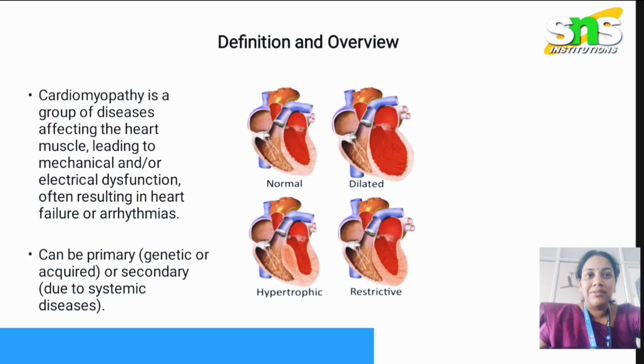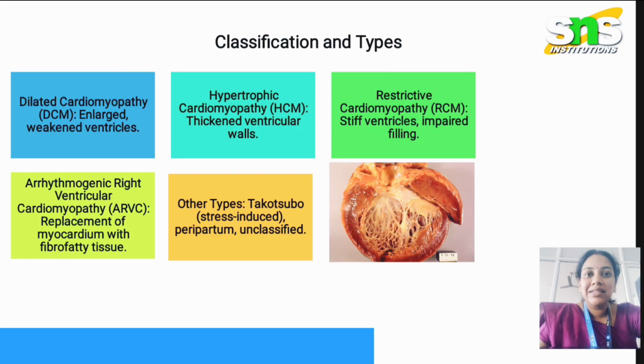It is very difficult. So what are the various classifications that we have seen on the image already? It is dilated cardiomyopathy, hypertrophic cardiomyopathy, restrictive cardiomyopathy, arrhythmogenic right ventricular cardiomyopathy, and other types like Takotsubo and peripartum, and unclassified.